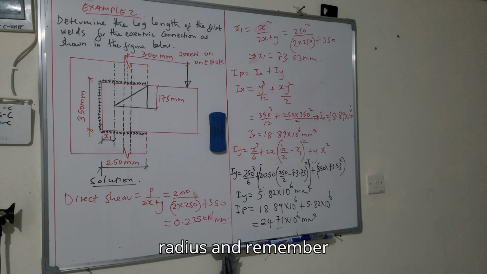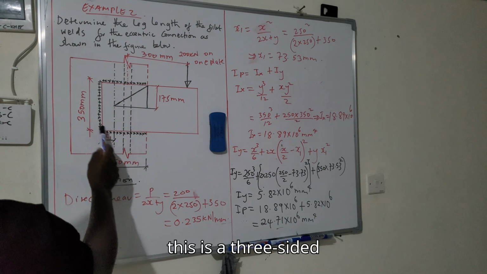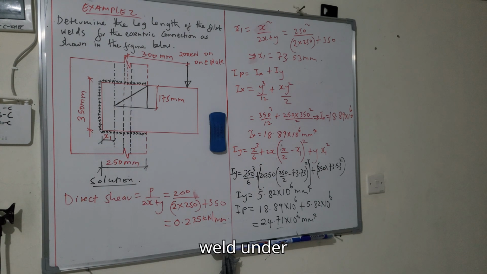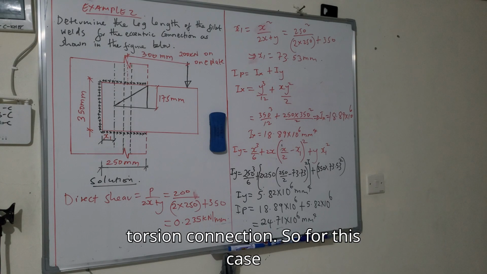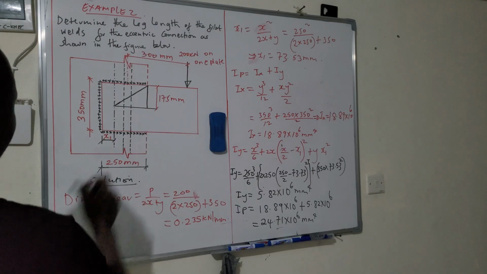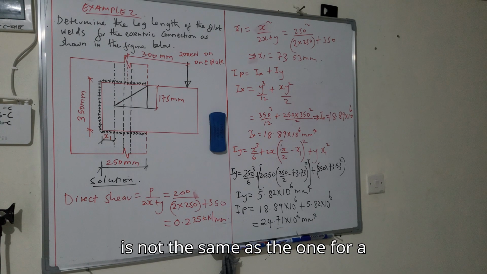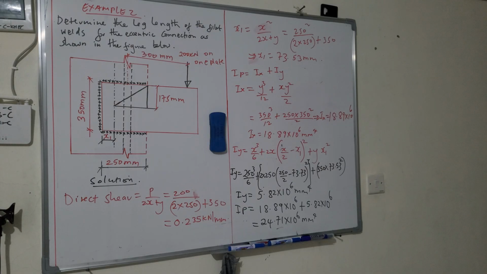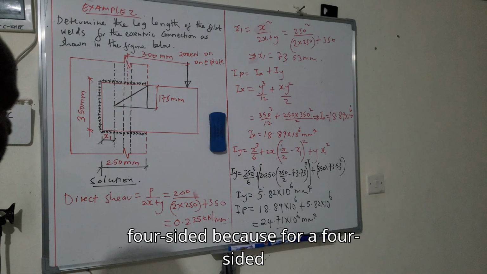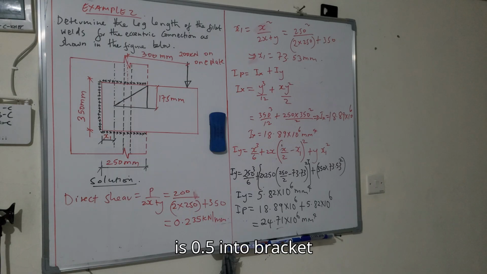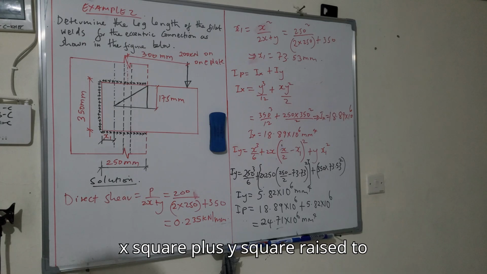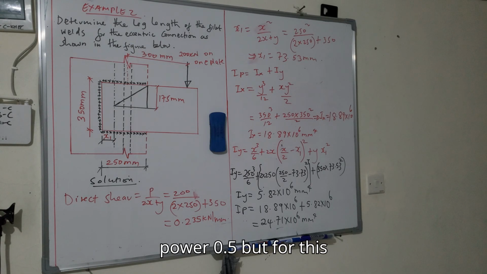Now we proceed to the radius. Remember, this is a three-sided weld under torsion connection. For this case, the formula to get R is not the same as the one for a four-sided weld, which is 0.5 into bracket x squared plus y squared raised to power 0.5.